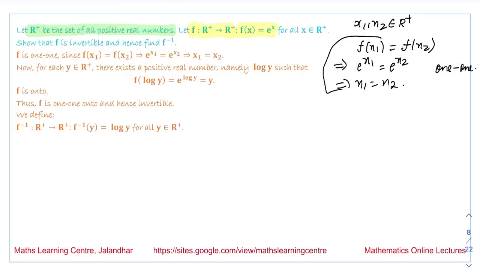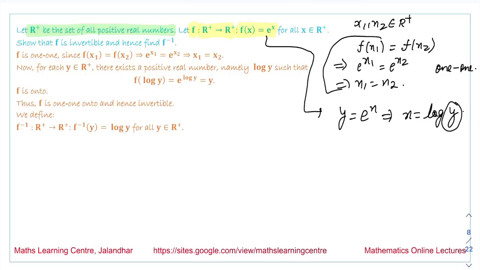Next, to calculate the range of this function, we write y is equal to e raised to power x. So this gives us x is equal to log of y. This value of x will exist for all values of y greater than 0, and this implies that y belongs to R positive.